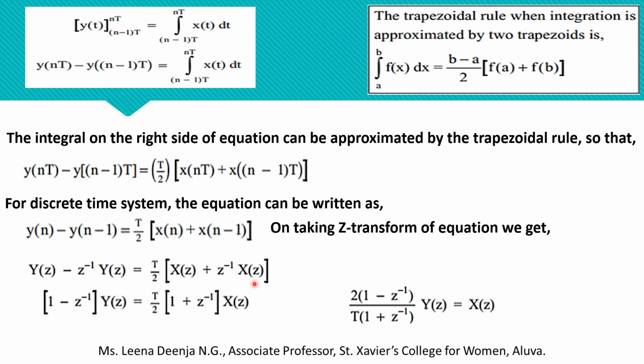We can take X of z out, so it is 1 plus z raised to minus 1 times X of z. Now take the term T by 2, 1 plus z raised to minus 1 to the left hand side. So here it is 2 by T, 1 minus z raised to minus 1 by 1 plus z raised to minus 1, Y of z equal to X of z.